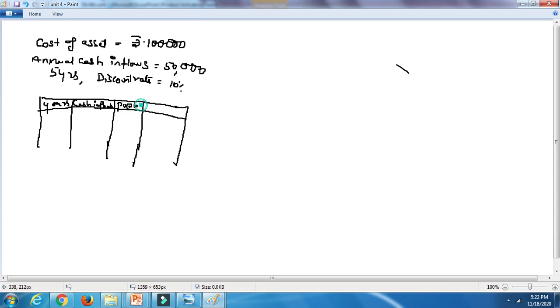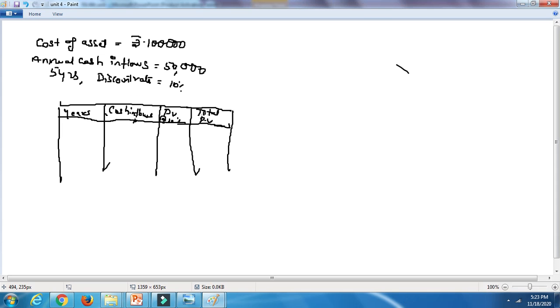This is how you are going to calculate the NPV. Here the cash flows are equal, that means in all 5 years it is 50,000, so you are going to check the A4 table.